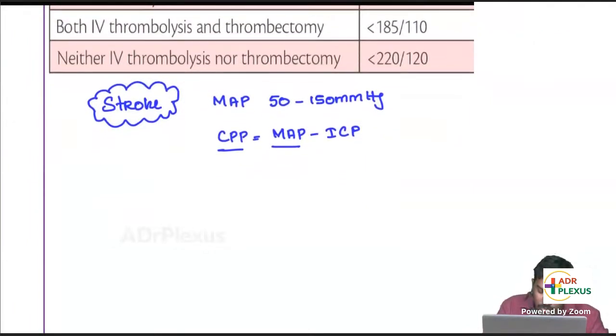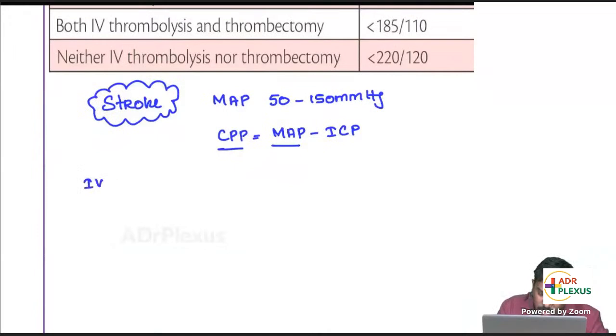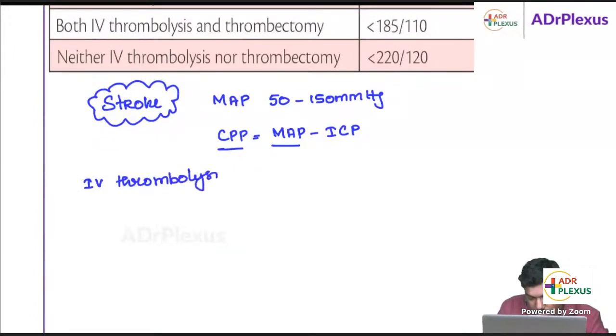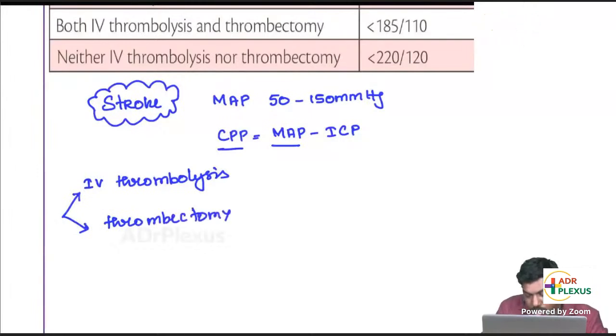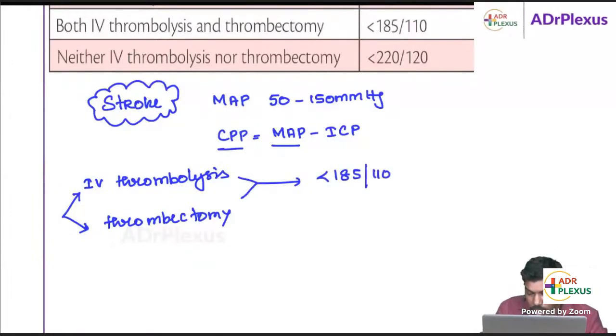There are certain indications where you are going to decrease the BP. Whenever you plan for IV thrombolysis, and whenever you plan for thrombectomy, then you try to keep your BP less than 185 by 110 millimeter of mercury.